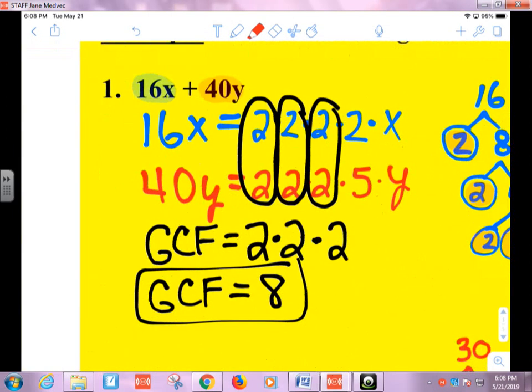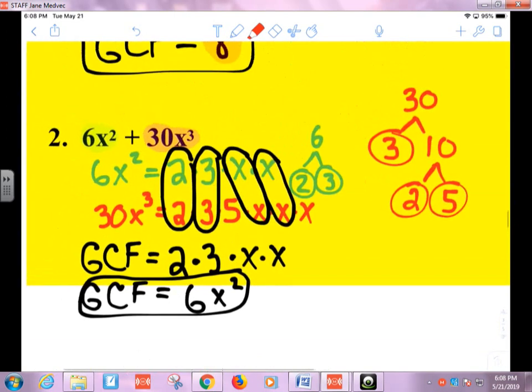Then we asked, okay, what do they have in common? First of all, they had this 2 in common, so I wrote down the 2. Then I had another 2 in common, and I wrote down a 2. Finally we had the third 2 in common, and we wrote that 2 down, and 2 times 2 times 2 is 8. So that's how I got the greatest common factor of 8.